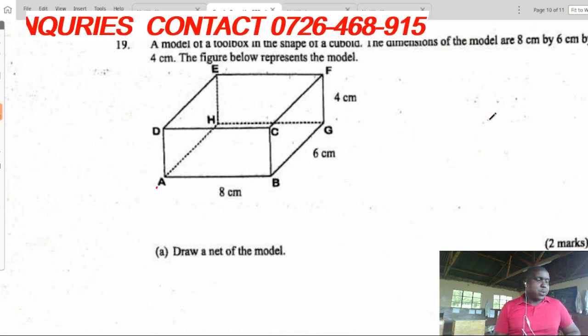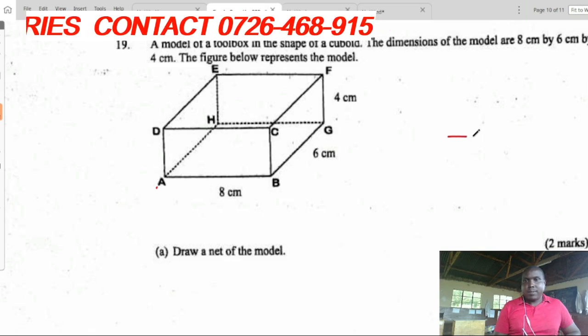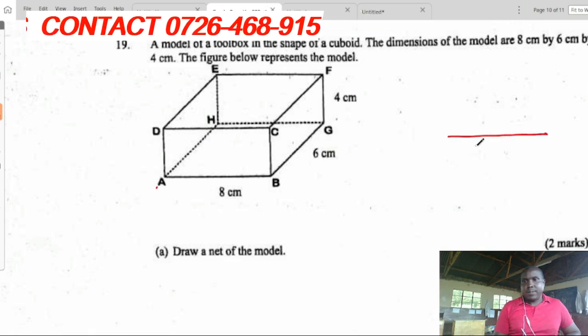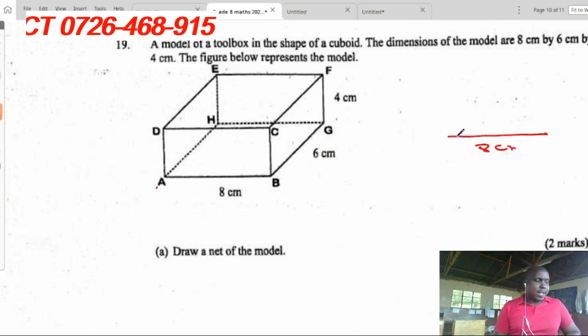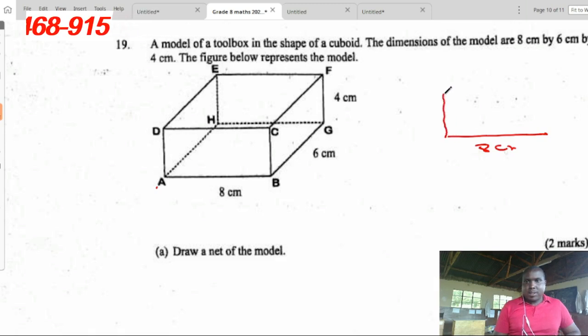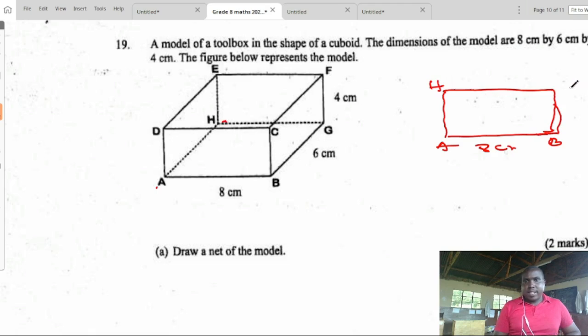So let me draw AB, 8 centimeters, and then we will draw H. This is A, this is B, this is H, and this is G. This is 8, and this is 6.